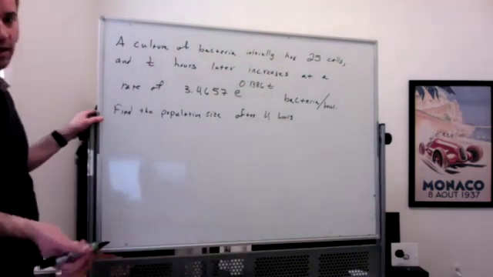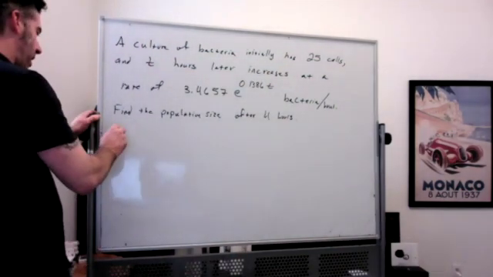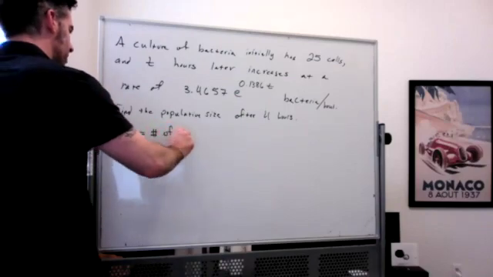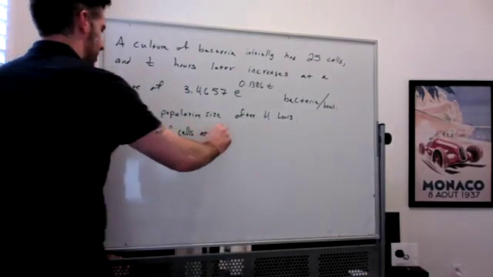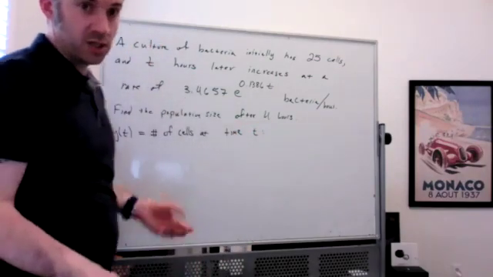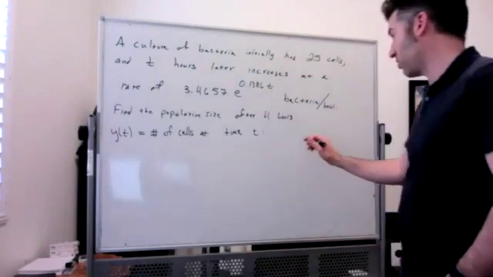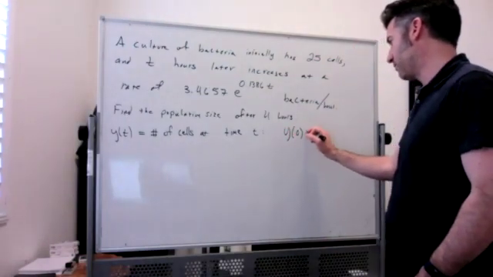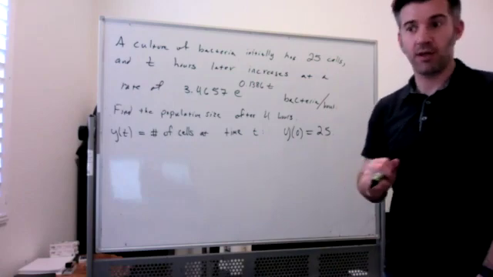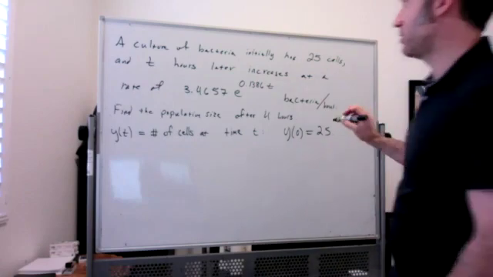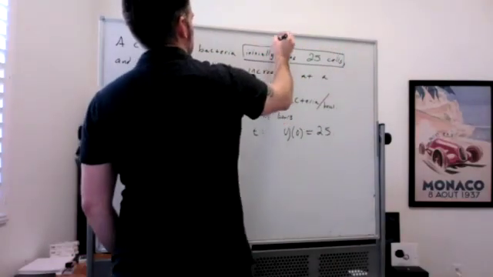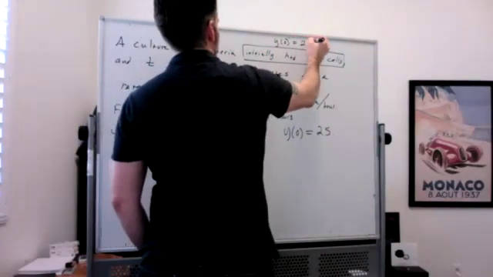So if we say that y of t equals the number of cells at time t, then we have an initial condition. We know that y of 0 is equal to 25. Great. That's this right here. This is your y of 0 equals 25.